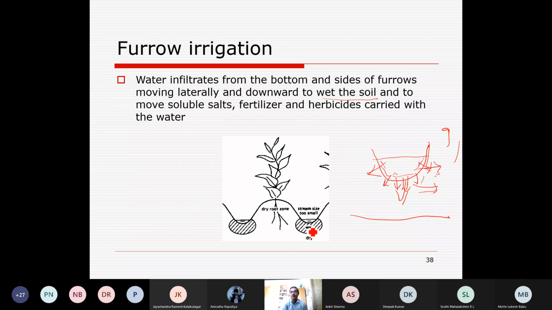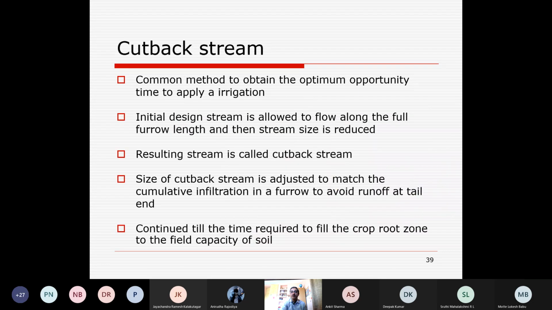You can see the wetting front, so water will move in this direction as well as in this direction to cover this root zone depth, to wet the soil and to move soluble salts, fertilizers and herbicides that are carried with the water. So we are supplying water as well as any fertilizer through these channels called furrows.